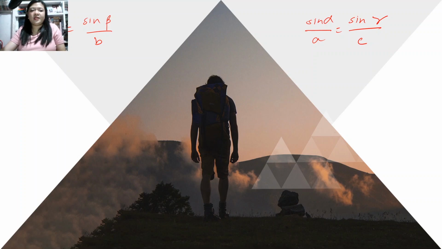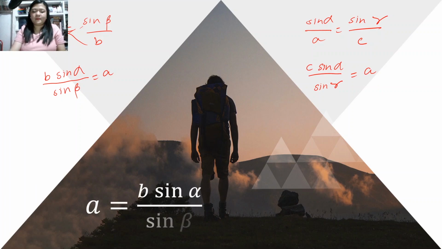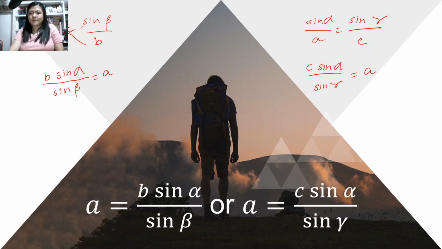Since we are looking for A, we can cross multiply, giving us B times sine alpha over sine beta equals A. Similarly, here we are going to have C times sine alpha over sine gamma is equal to A. Okay, so A can either be B sine alpha over sine beta or C sine alpha over sine gamma.